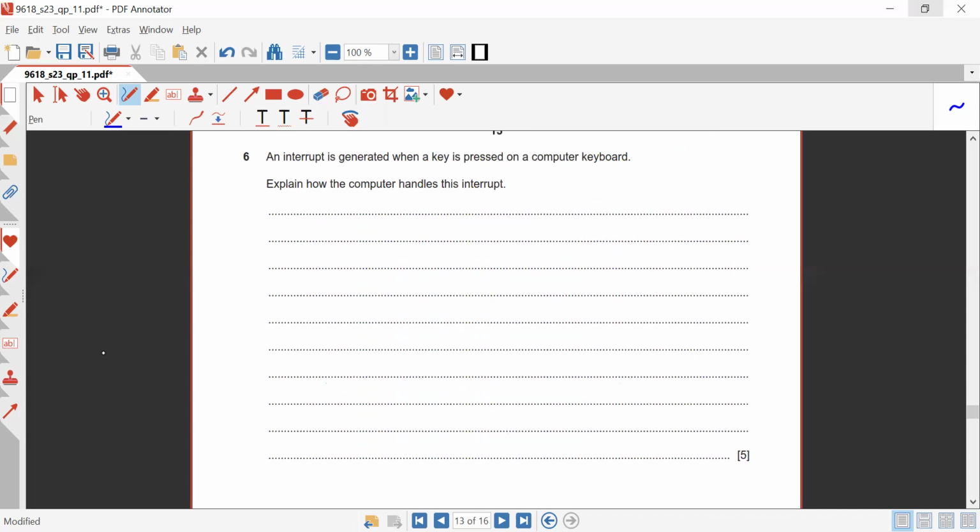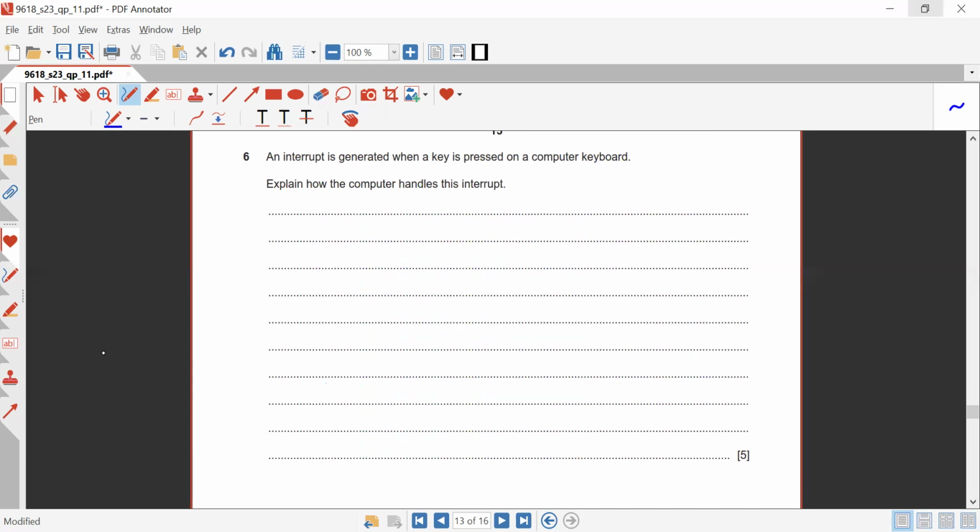Now coming to the next question, question number 6, which is for 5 marks. It says an interrupt is generated when a key is pressed on a computer keyboard. Explain how the computer handles this interrupt. As soon as an interrupt is generated, the flag is raised.